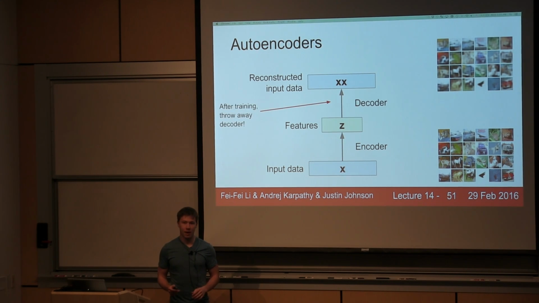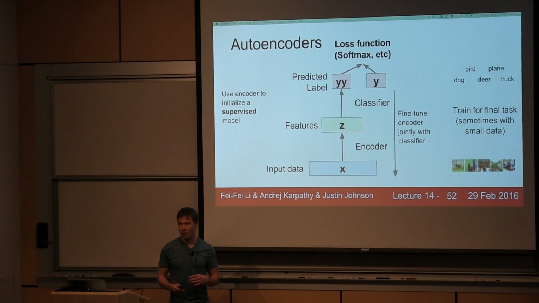So once we train this thing, then oftentimes we'll take this decoder network that we spent so much time learning, and we'll just throw it away, which seems kind of weird, but the reason is that reconstruction on its own is not such a useful task. So instead, we want to apply these networks to some kind of actually useful task, which is probably a supervised learning task. So here the setup is that we've learned this encoder network, which hopefully from all this unsupervised data has learned to compress the data and extract some useful features.